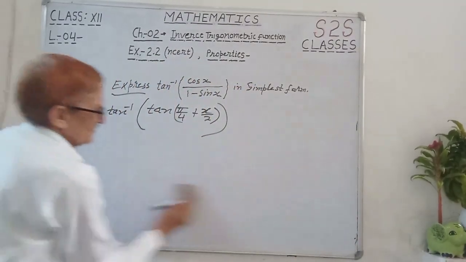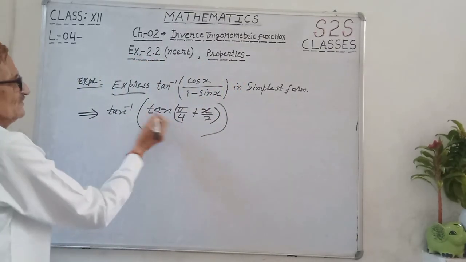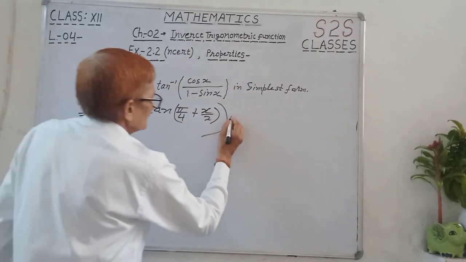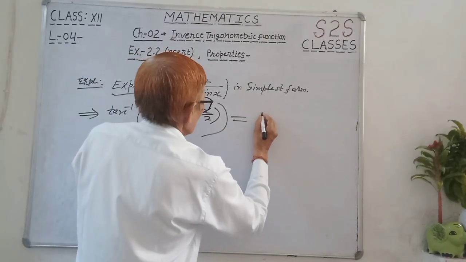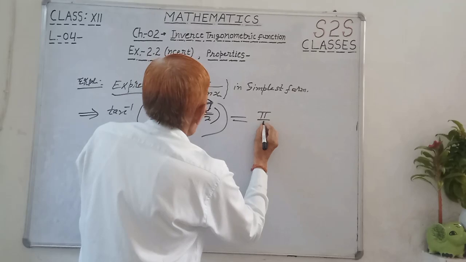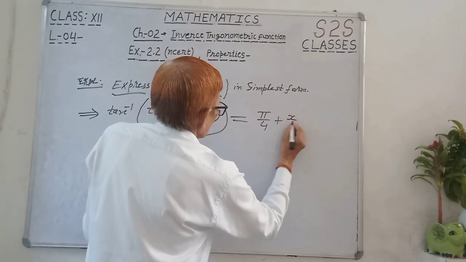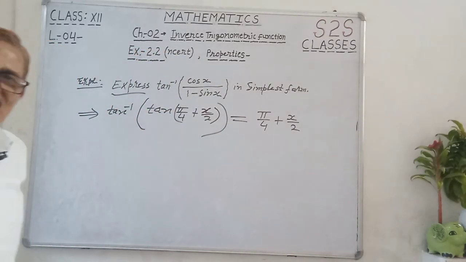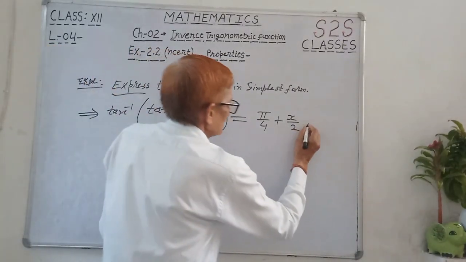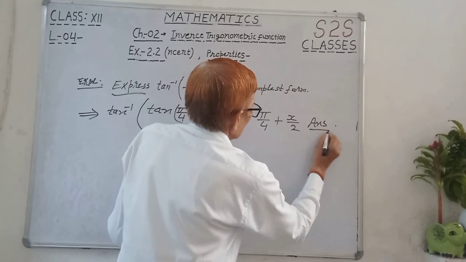Okay, now come to the point. Tan inverse of tan of something will be that something, as I told in the property. So this will be pi by 4 plus x by 2. Done? Clear? This is the simplest form of our question.